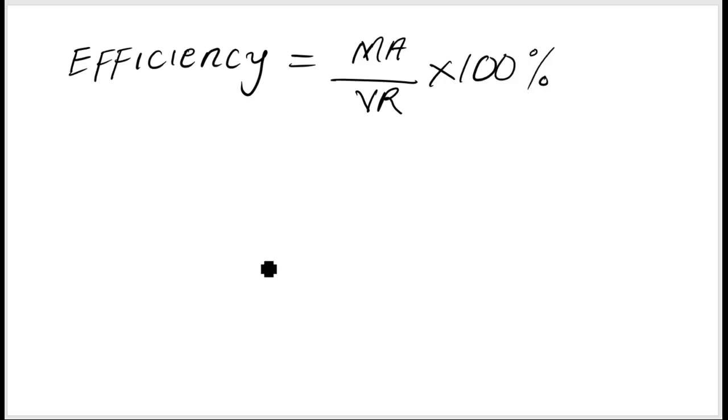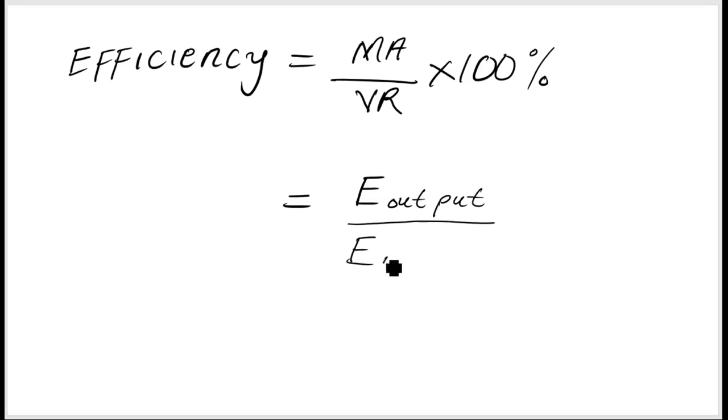Another formula that you can use to calculate efficiency is energy output over energy input times 100%.